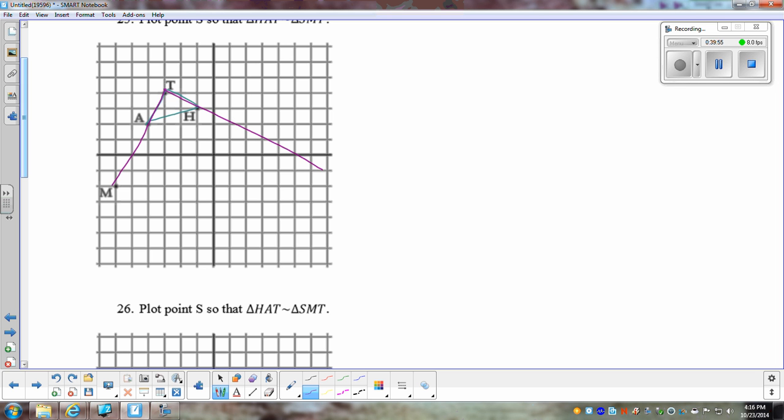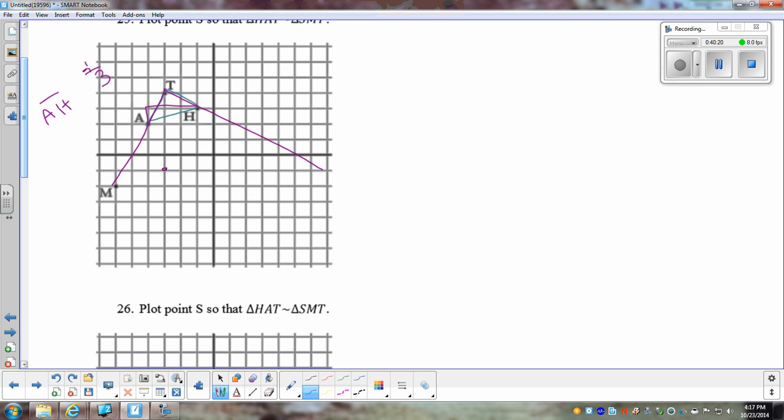So I have two options here. First thing I'm going to do is look at the parallel lines, because I cut a triangle in pieces. So I know AH has a slope of up 1 over 3. So I know MS is also going to have a slope of 1/3. So I'm going to keep doing my 1/3 slope from M until I land on my line.